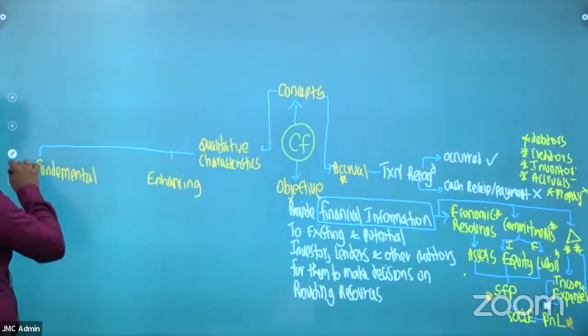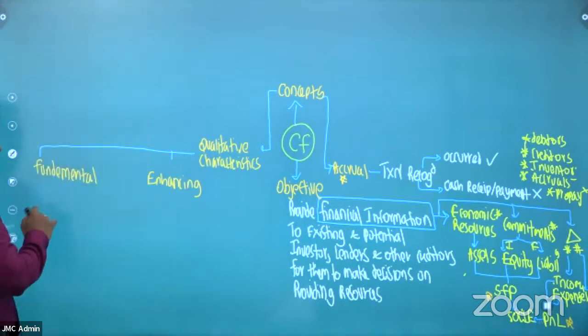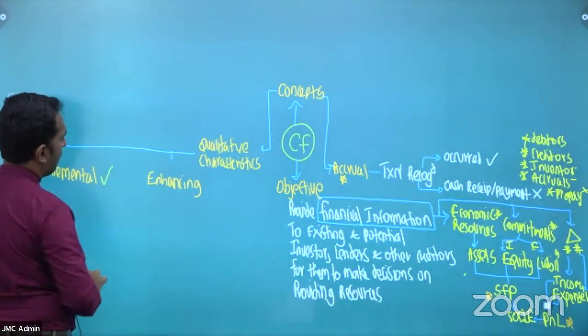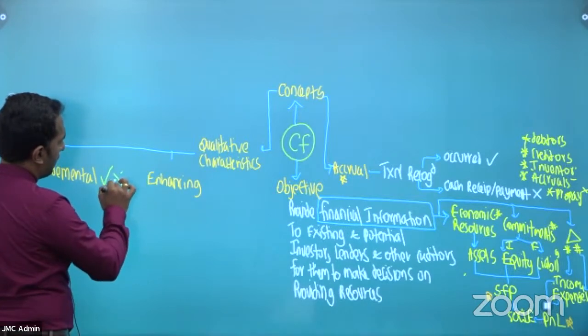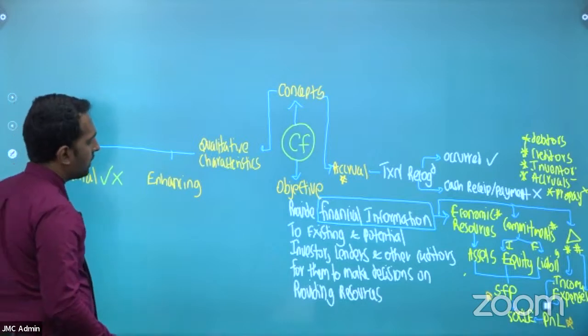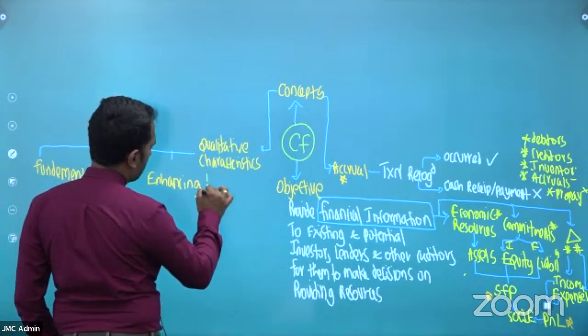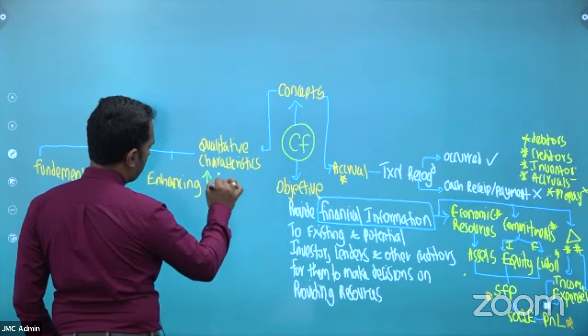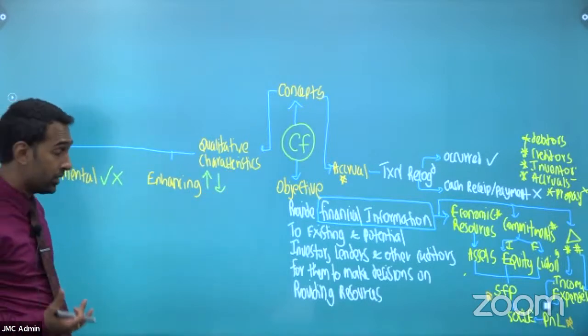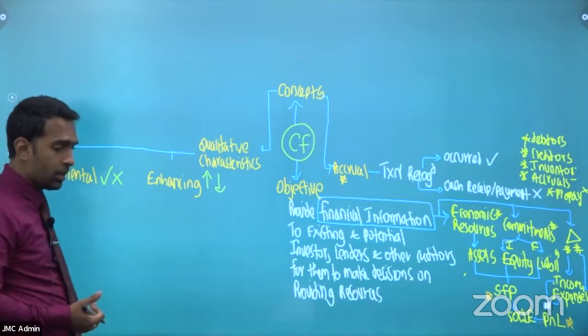Fundamental qualitative characteristics means in the presence of the fundamental qualitative characteristics, it's quality information. In the absence, it's not quality information. Enhancing qualitative characteristics means in the presence, the quality will increase. In the absence, quality will decrease. We have to clearly understand the two differences.